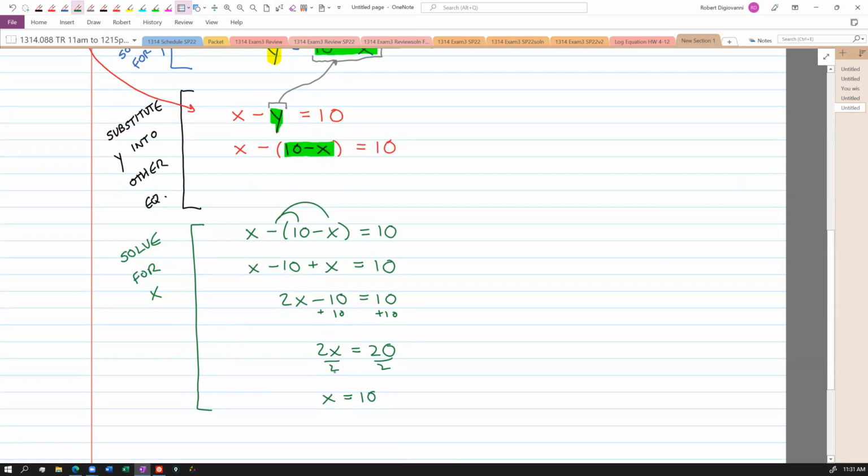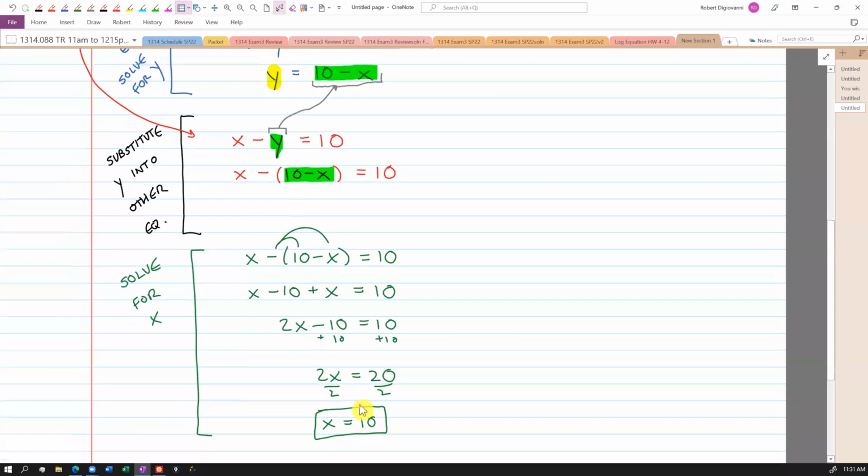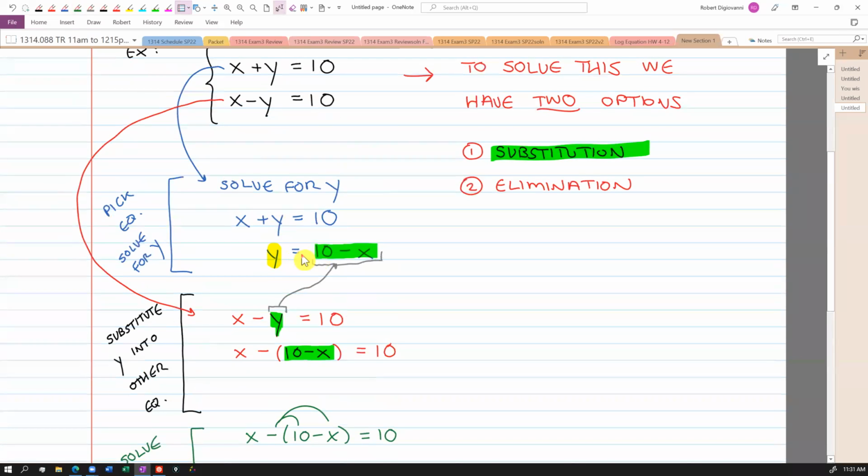We said x would be 10 and y would be 0. Well, how do we get y is 0? Right now we know x is 10, right? So now is the very last step. That's not the last step. We know what x is, right? So let's go back and look up at our work. Did we ever solve for y? Yeah, we solved for y right here, right? So if I know what x is, then now I can find y because I have an equation that has y solved for.